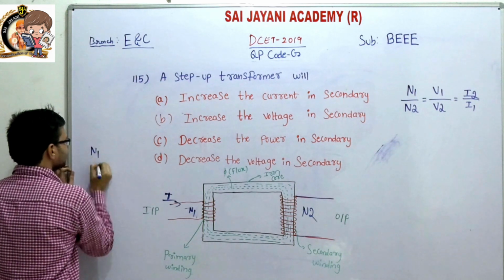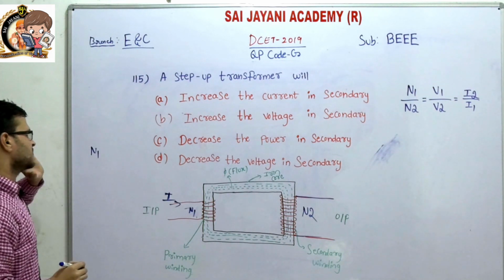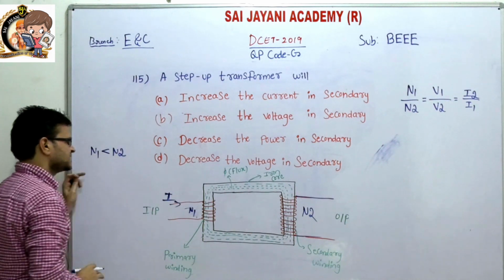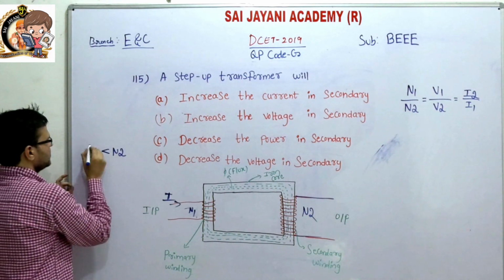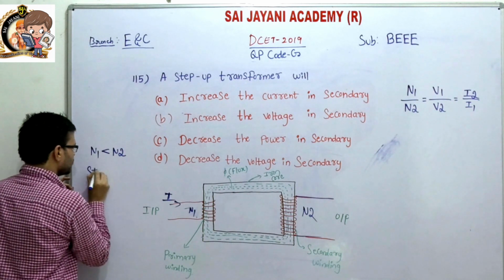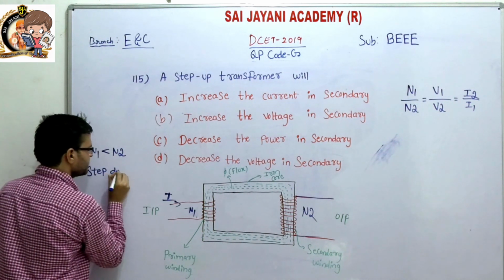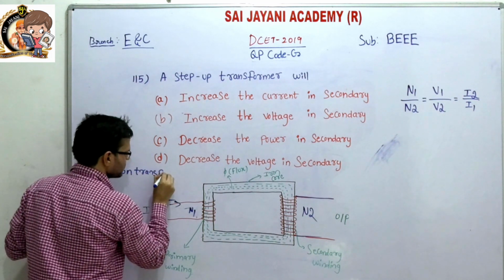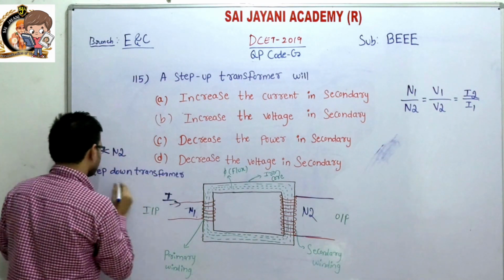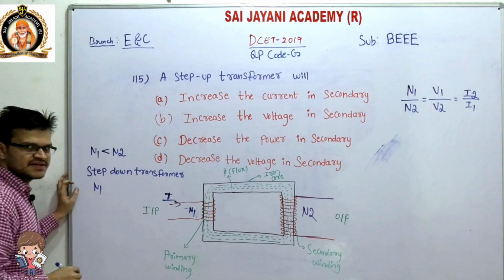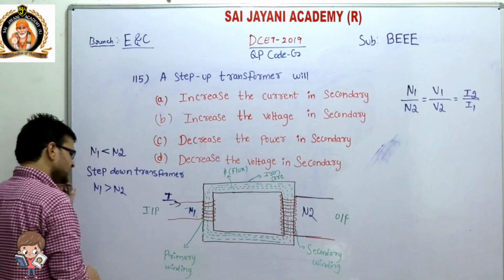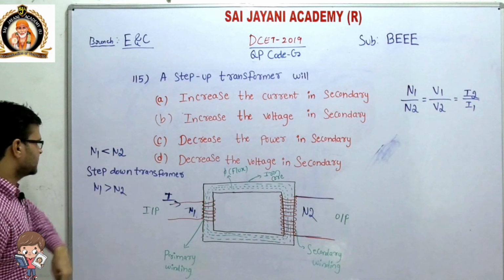the number of turns present in the primary winding is less than the number of turns present in the secondary winding. In a step-down transformer, the number of turns present in the primary winding is greater than the number of turns in the secondary winding.